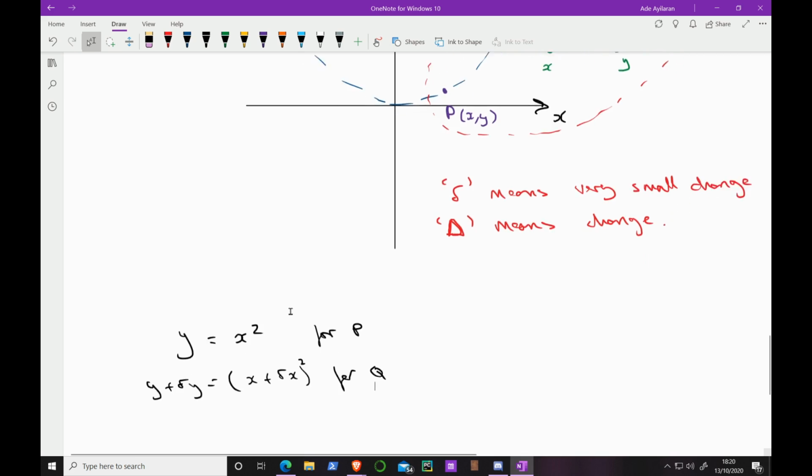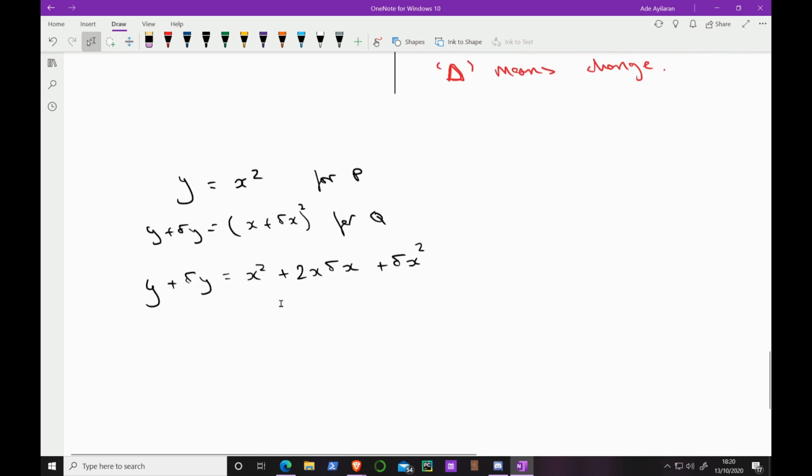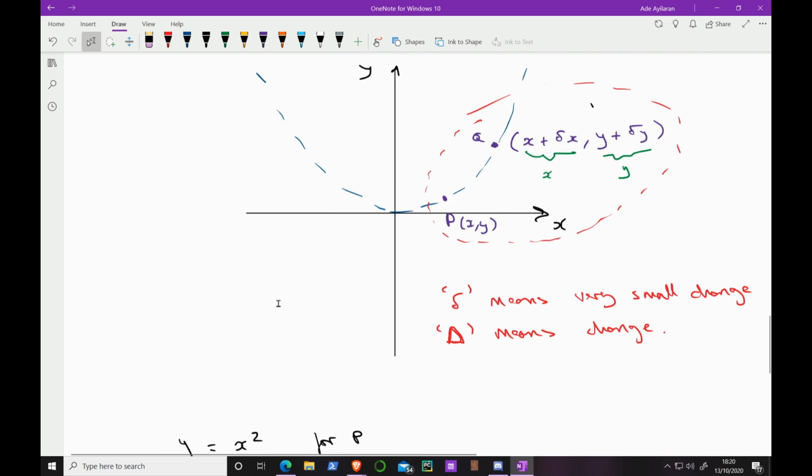So when we multiply this out, we get Y plus delta Y equals X squared plus 2X delta X plus delta X squared. Yep. Now the gradient, if we wanted a gradient, let me do that.